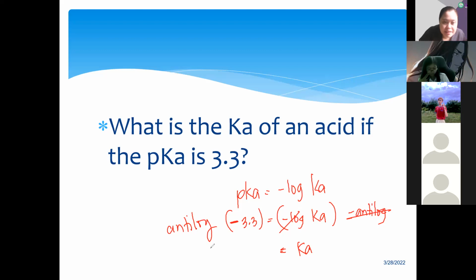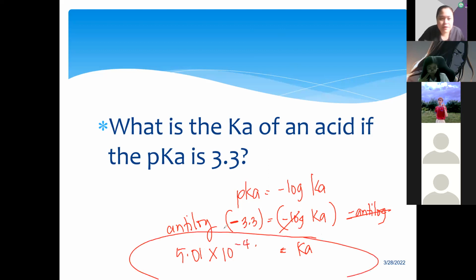The correct answer is 5.01. Do not forget the times 10 raised to the power of negative 4. So this is the acid dissociation constant if the pKa is 3.3.